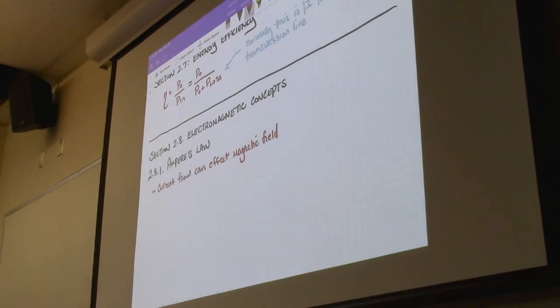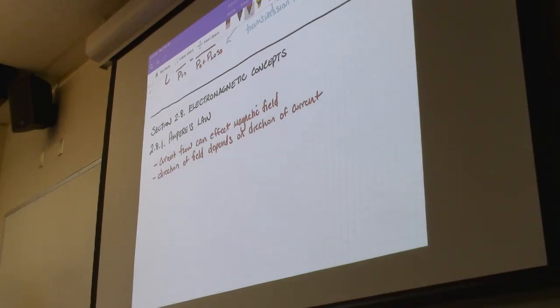And the direction of the field depends on the direction of the current. Electromagnetic. The only reason why we're going to be focusing on the magnetic portion is because for the synchronous machine and for the transformer, it's the magnetic field that's going to allow energy to leap from one set of coils to the other.